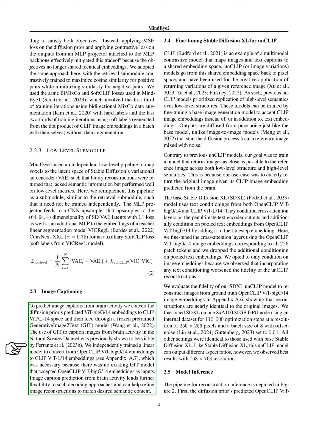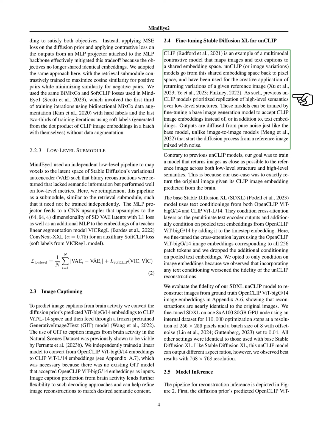To enable this process, we trained a linear model to convert OpenCLIP ViT-bigG-14 embeddings to CLIP ViT-L/14 embeddings. This conversion was necessary because there was no existing GIT model that could accept OpenCLIP ViT-bigG-14 embeddings as inputs. Predicting image captions from brain activity adds flexibility to decoding approaches and helps improve image reconstructions to match specific semantic content. We then discuss fine-tuning Stable Diffusion XL for unclip.